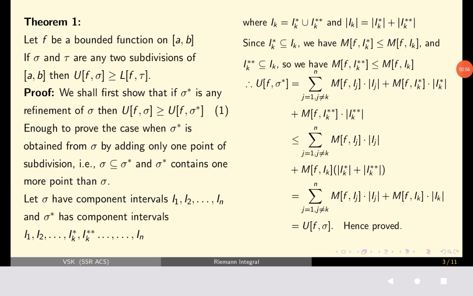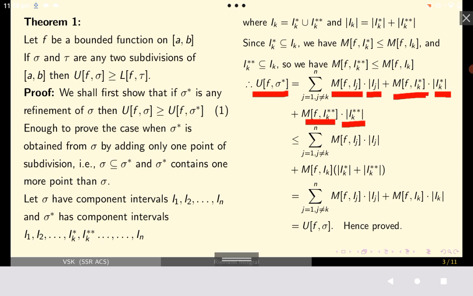Because of this, when we find the upper sum of f with respect to sigma star, that will be by definition the summation j = 1 to n, j not equal to k, of M_j(f) into the length of Ij, plus M(f on Ik star) into the length of Ik star, and M(f on Ik double star) into the length of Ik double star, because we have divided Ik into two intervals.